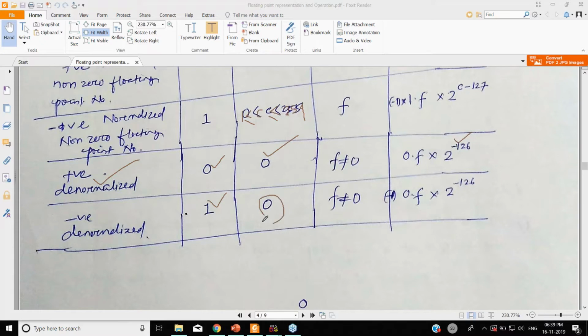The exponent is 0, so this signifies an exponent of minus 126. And one more thing, there is no 1 here; the F value is stored here. In other cases it is 1 point something, but in a denormal number it is always 0 point fractional part. Let me erase all the drawings here and go to the next slide.